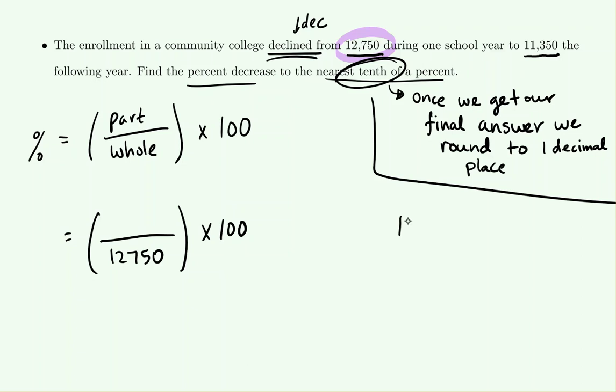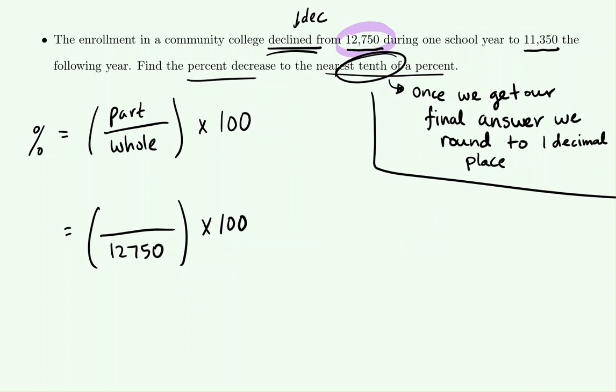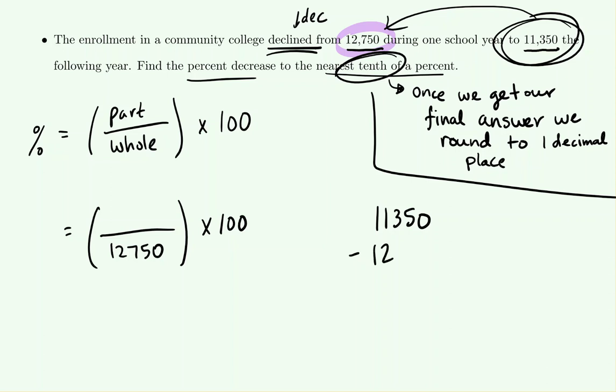So if we started at 12,750, and then it ended up being 11,350, we always take later minus earlier. So that would be 11,350 minus 12,750, and we would get that there was a decrease of 1,400 students.